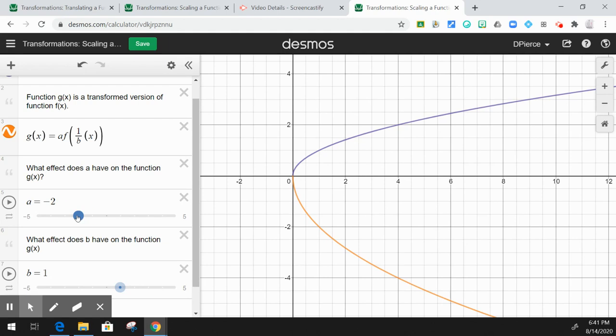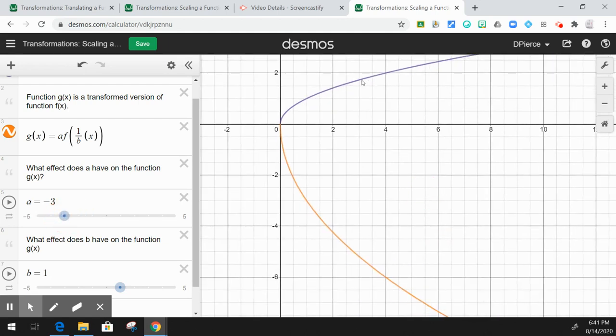So it could involve 2 different things. If it's negative 3, again, you can see it's reflecting because it's flipped over the x-axis, but now, let's go back to this point. This is a good one. If this point has a y coordinate of 2, well, this point down here has a y coordinate of negative 6. So not only is it changing sign, but it's also being multiplied by 3.